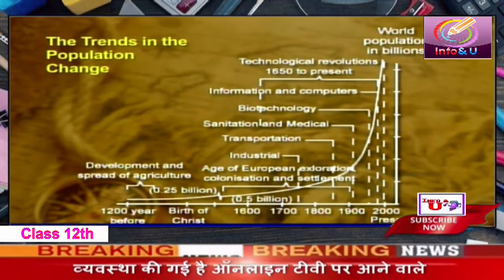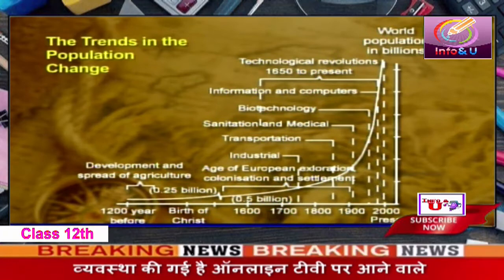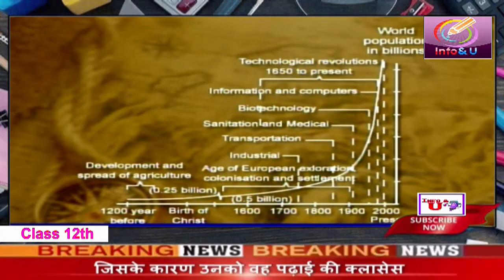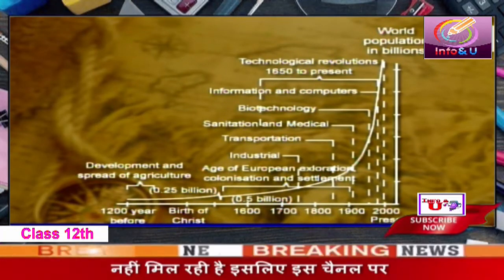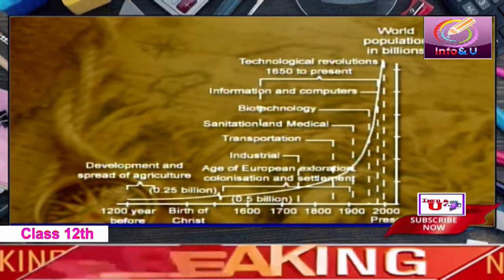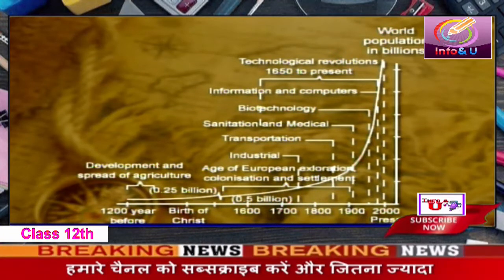They settled there because the resources available in those regions attracted them. We see a considerable increase in population. Around 1750, at the dawn of the Industrial Revolution, the world population was 550 million.